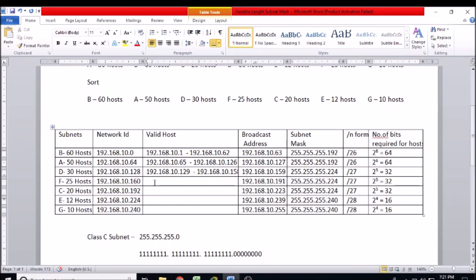And the next one? Come along with me. It is 161 till 190, right? For C, it is 193 till 222, right?